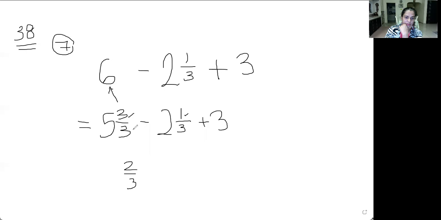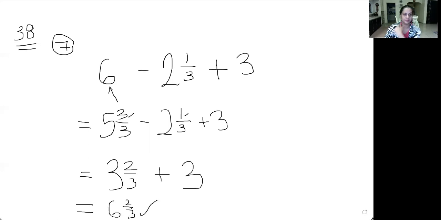Don't forget your 5 minus 2, which is 3. And then add it with the other whole number 3, which is here, and you will get 6, 2 over 3. Clear drawing.